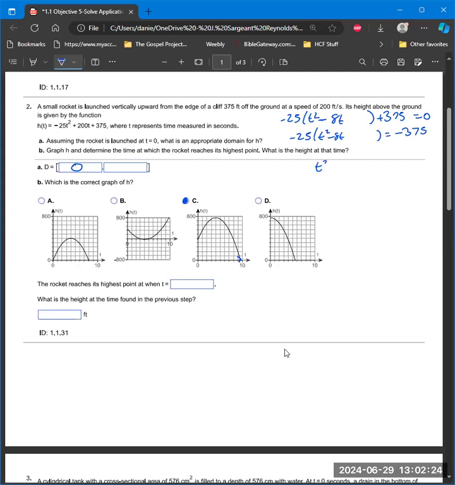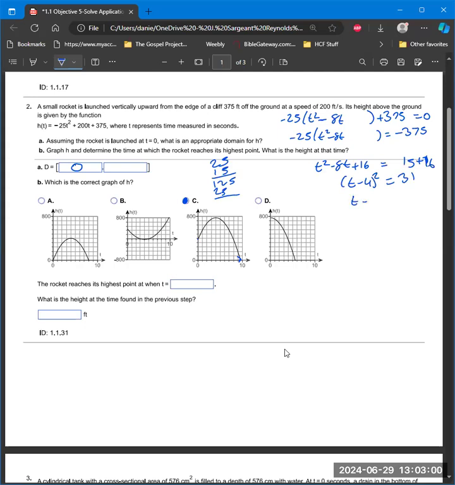So t squared minus 8t is going to be equal to 15. Check that out. Yes, positive 15. And half of the middle number, squared, is going to be 16. It's added to both sides. t minus 4 squared is equal to 31.